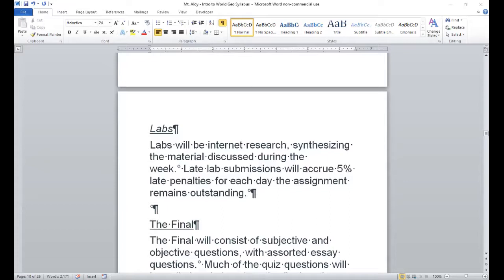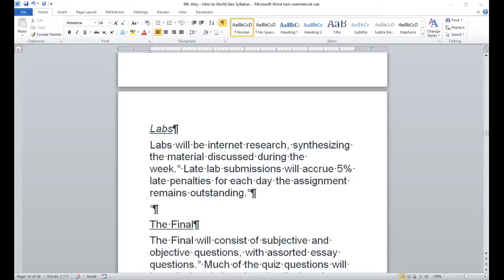Later on in the course, we're going to be looking at border disputes, geography regarding borders, and I'm going to be highlighting border disputes.